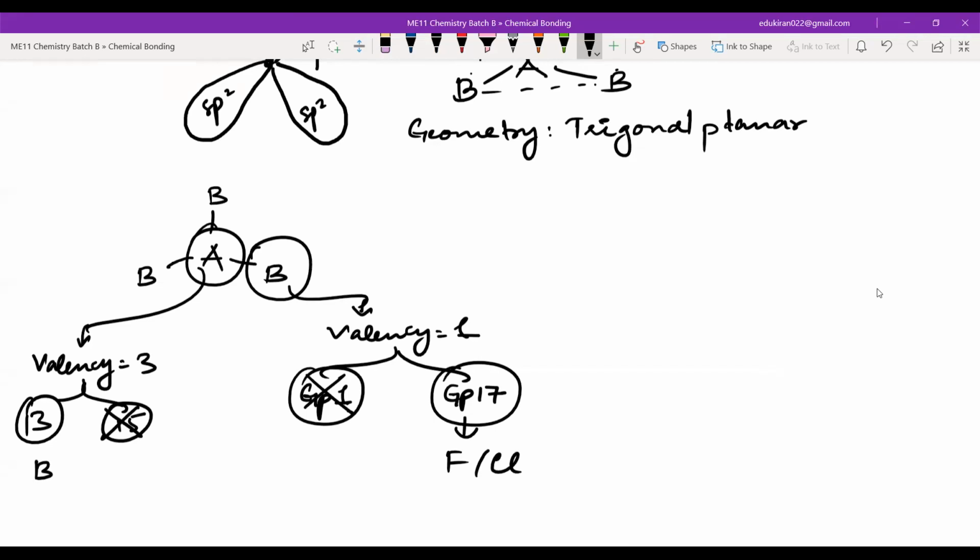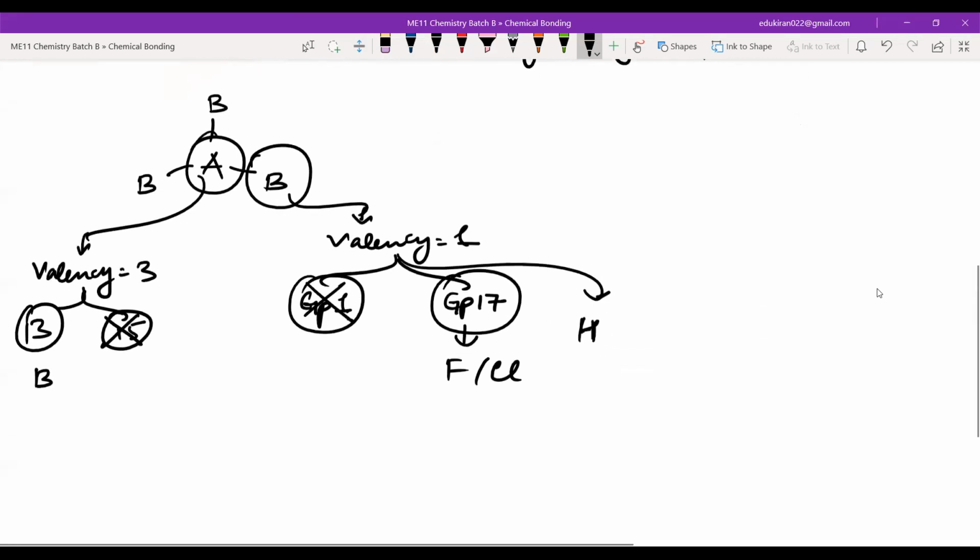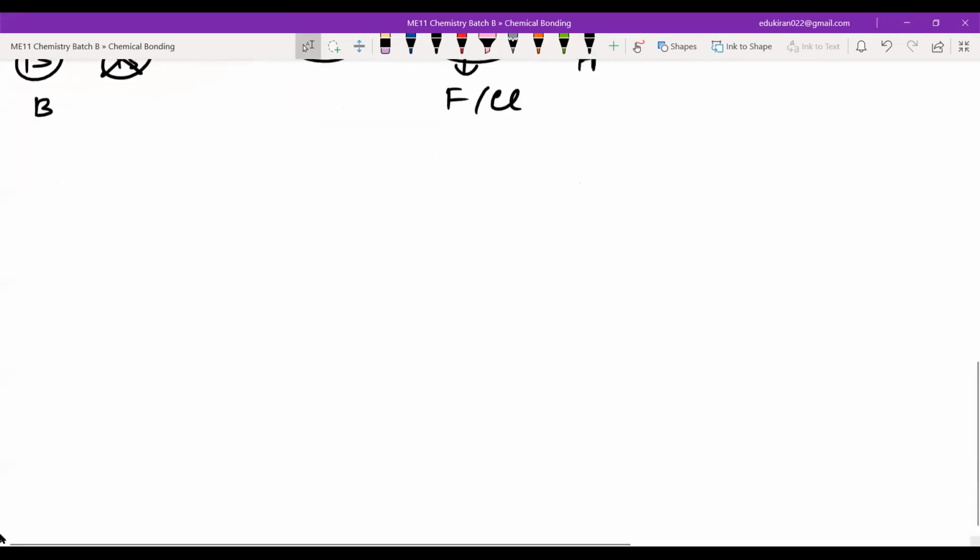And one more element has the valency one, that is hydrogen. So hydrogen is also a candidate. In your NCERT, I think it is BCl3.